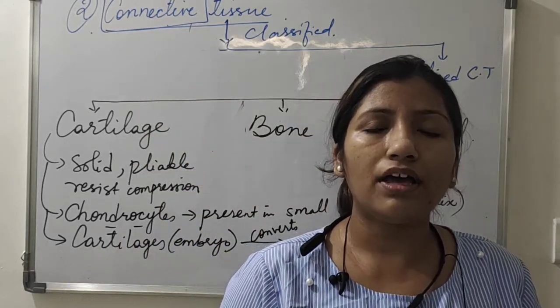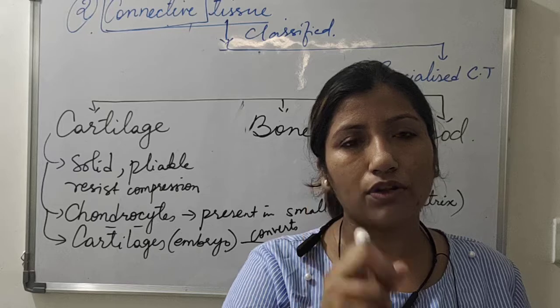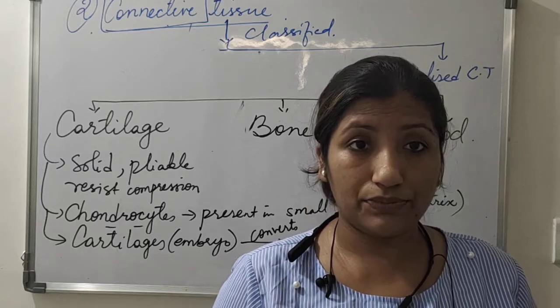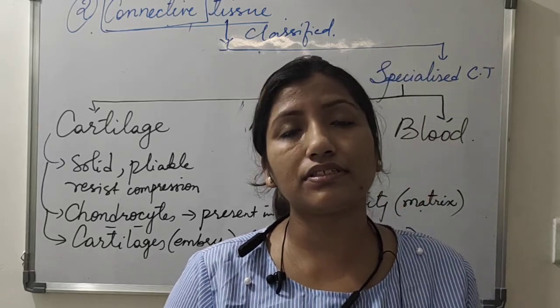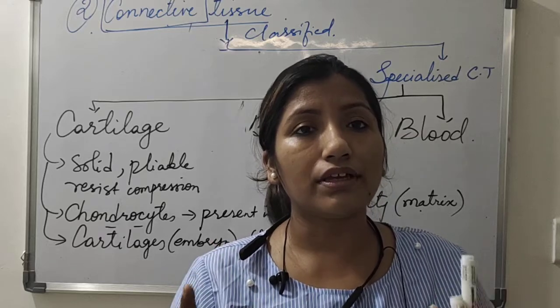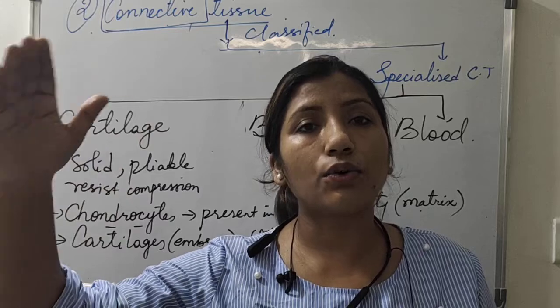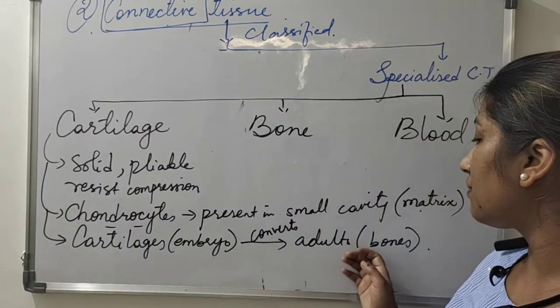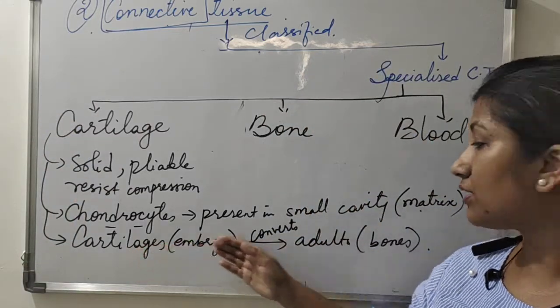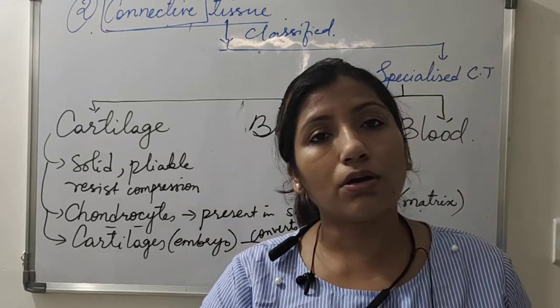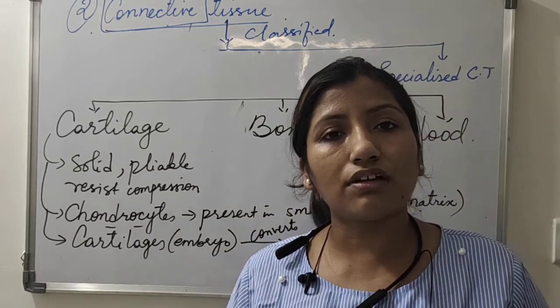Inside the mother's womb, this embryo is very soft and does not have rigid bone. It has cartilage in its body, and as it grows up and becomes adult, this cartilage converts into bone. Now, the entire cartilage would not convert into bone.